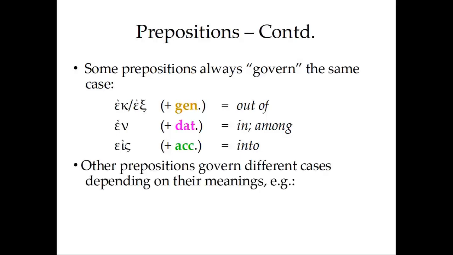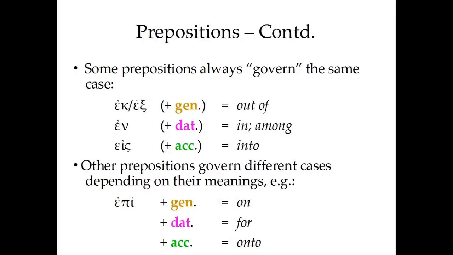But other prepositions govern different cases depending on their meanings. For example, let's take the preposition epi. When followed by an object in the genitive case, it's going to mean on. When followed by an object in the dative case, it's going to mean for. And when followed by an object in the accusative case, this preposition is going to mean onto rather than on.